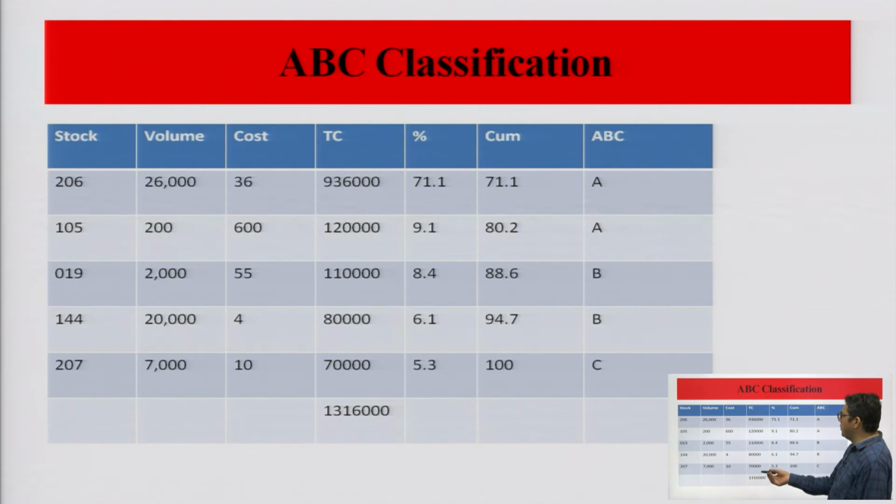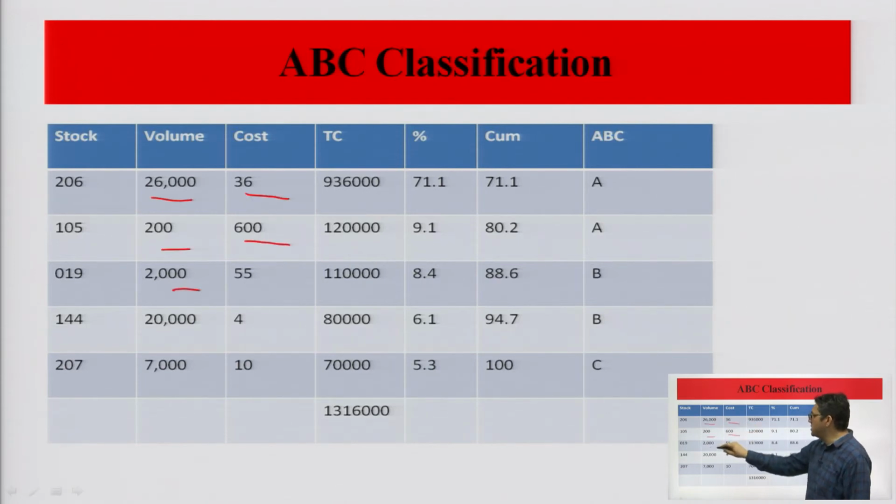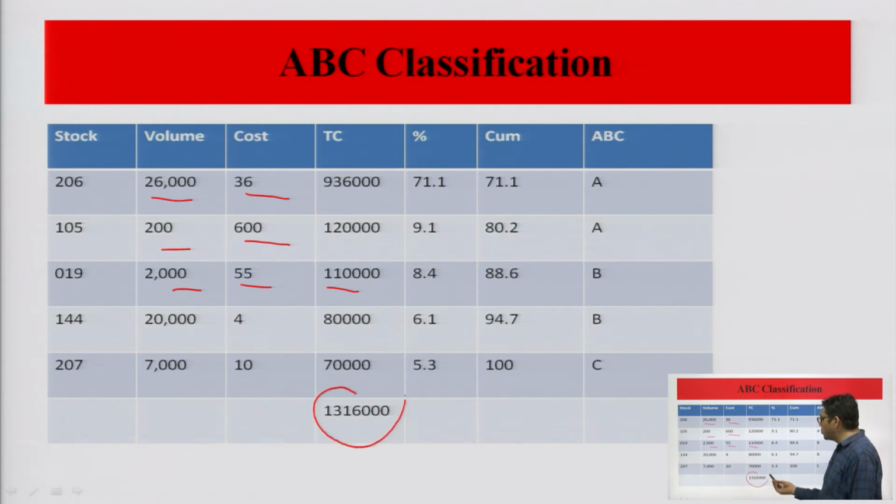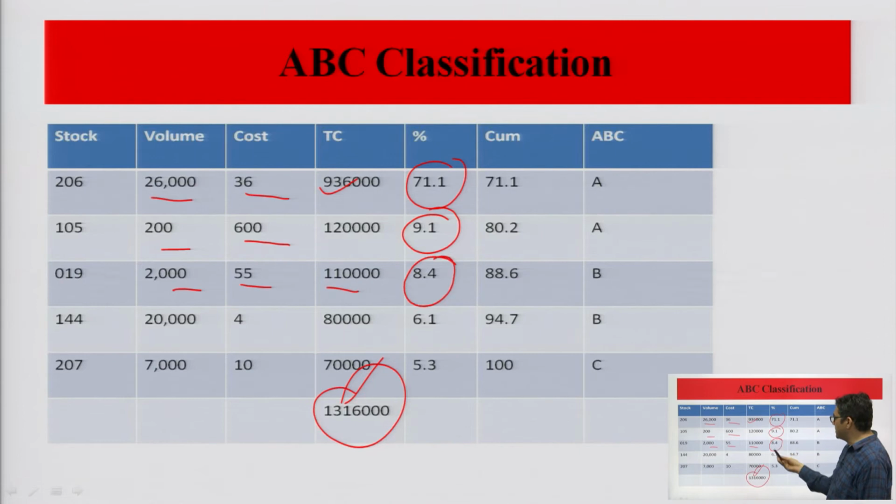Now, just see over here, the total cost is calculated by multiplying this by this, and we get this value. Then we take the percentage, this upon this into 100, so the individual percentage of the cost comes out, and then we take the cumulative percentage of each.